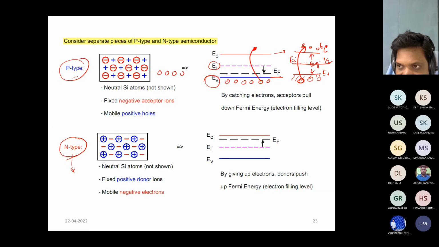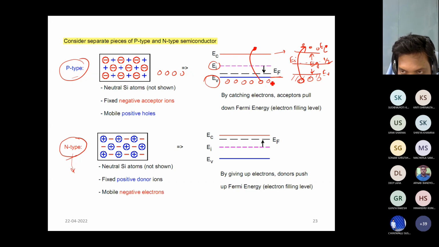In terms of energy level, in the valence band we are creating additional energy states where there is no electron. If the band is completely filled with electrons and you create additional energy states within it, then there are no electrons there. That means a vacant state is created. Is it clear? Yes, sir.